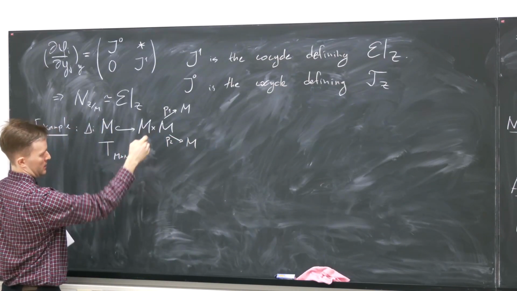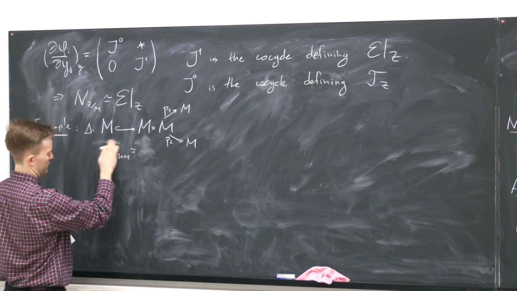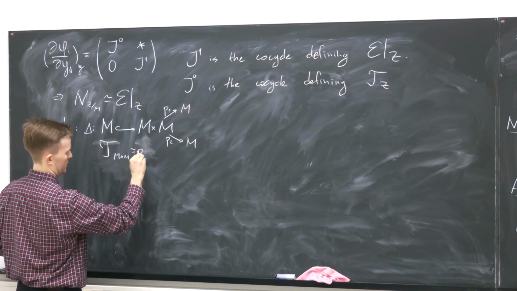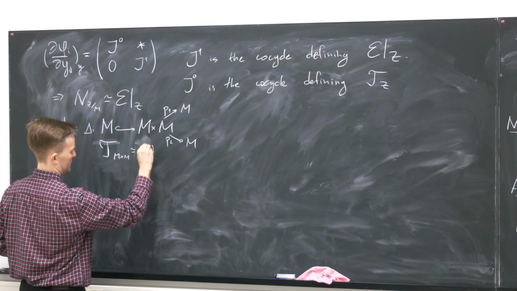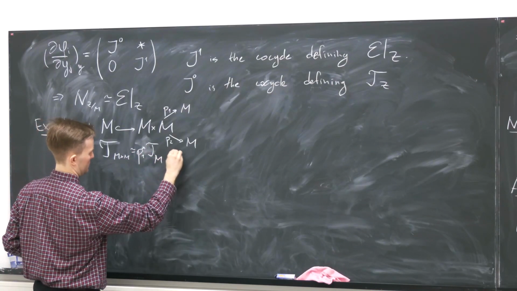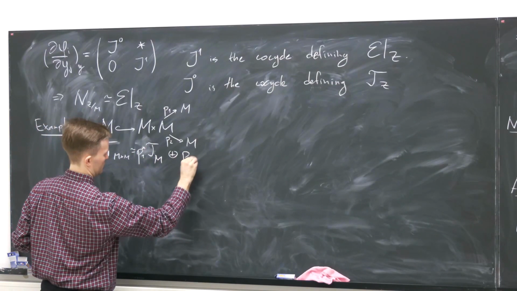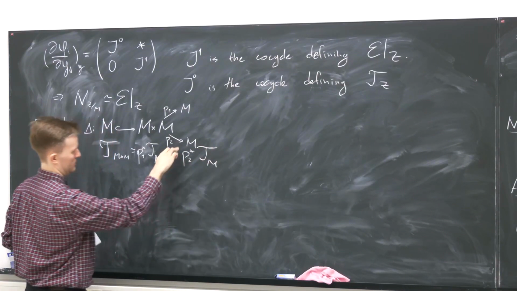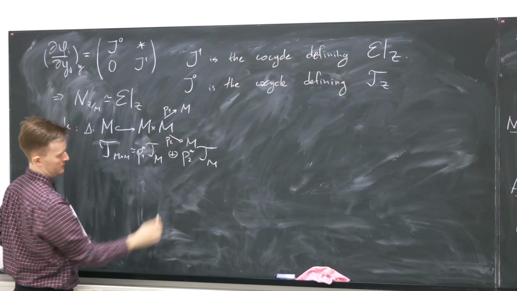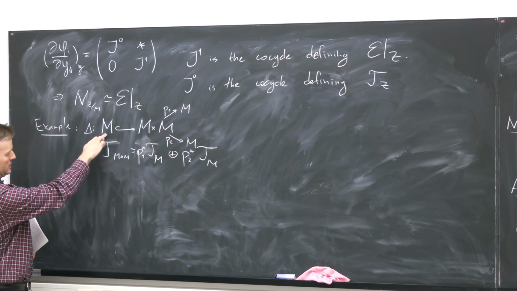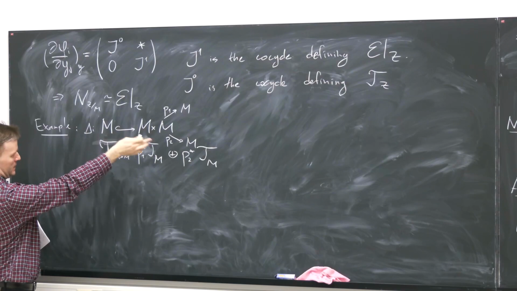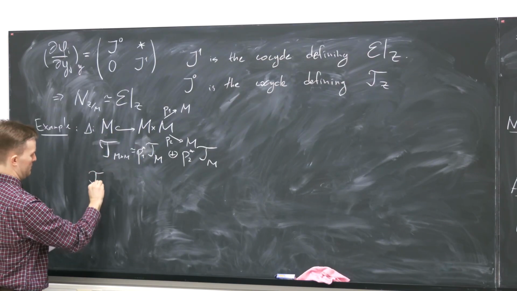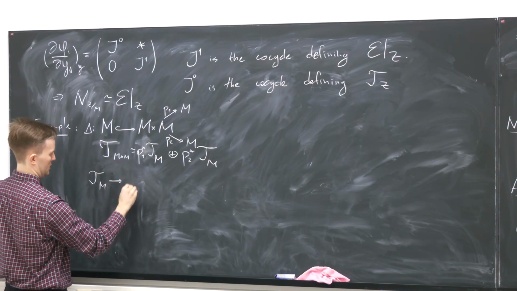And the tangent bundle here is just isomorphic to the pullback of the tangent bundle from one side plus the pullback of the tangent bundle from the other side via these two projections. So then the tangent bundle of the diagonal is of course isomorphic to Tm, so this is embedded.